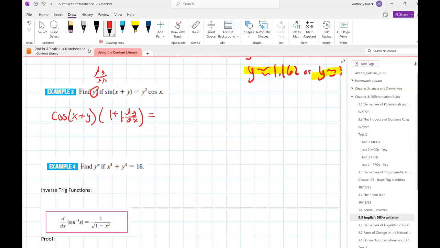So to do the derivative of y squared cosine x, how do I do that? Product rule. Let's see.